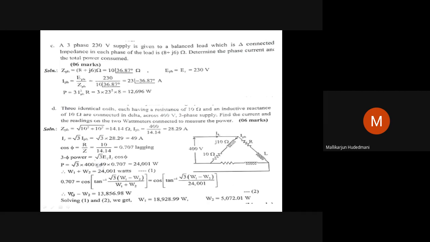Solving this, I can separate W1 and W2. W1 reads 18,928. W2 reads 5,072. It means you are made to think of how this total power is read by W1 and W2 using the relationships.